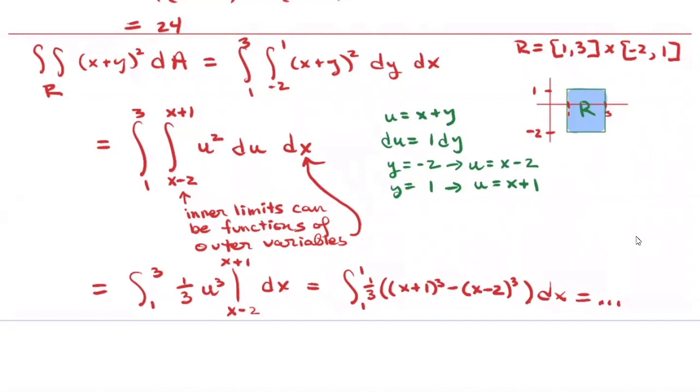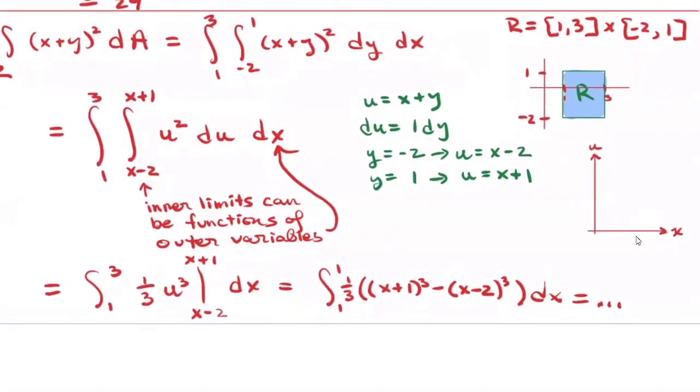What's more important to me right now is what happens with the region that we changed to when we were integrating. So real quick, notice the following. I'm going to go ahead and have a plane here. x is still going to be the independent variable, but u is put in place of y because I changed my variables. Now I know x goes from 1 to 3 still, so I'll put that back down, 1 to 3.